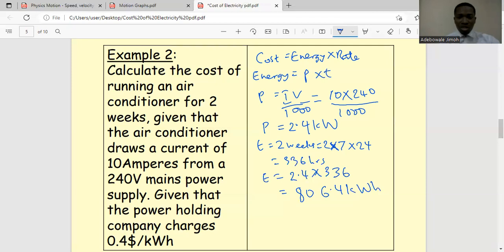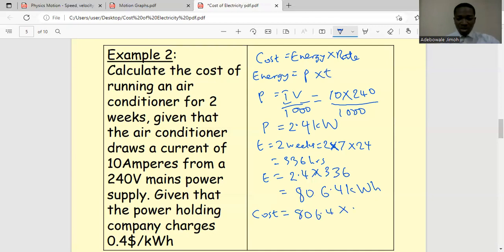Now, we can calculate our cost. Cost is energy multiplied by the rate. So now our cost is equal to energy. Our energy is 806.4 multiplied by the rate. And our rate here is given in the question. The power holding company charges 0.4 dollar per kilowatt hour, which represents the rate.